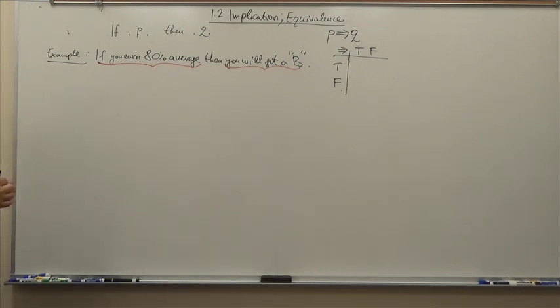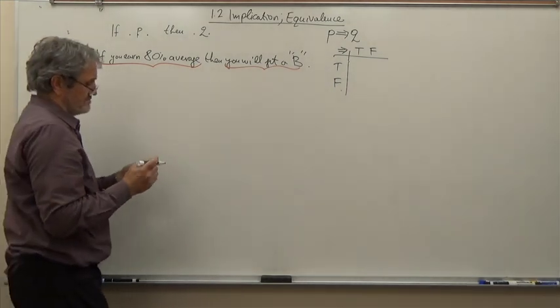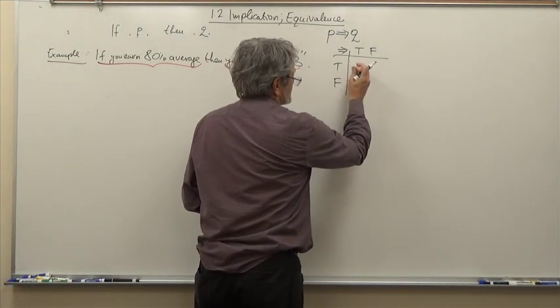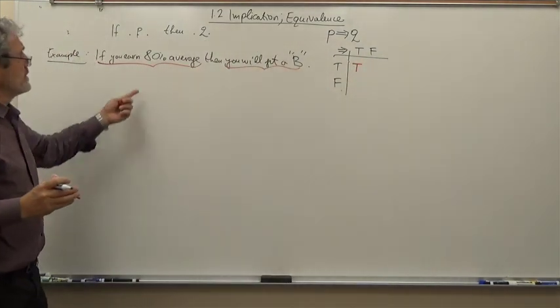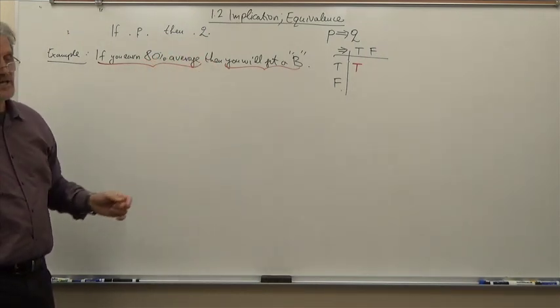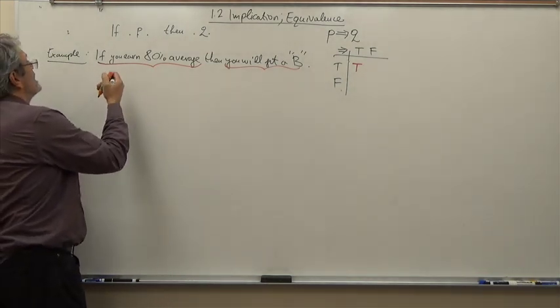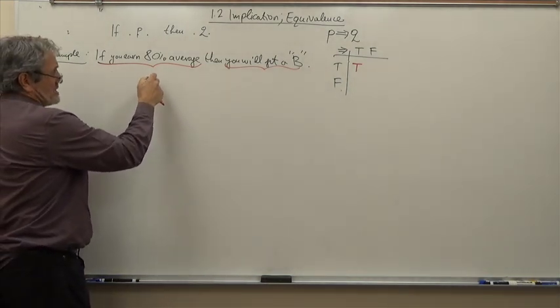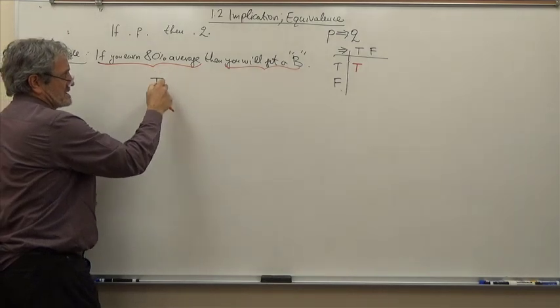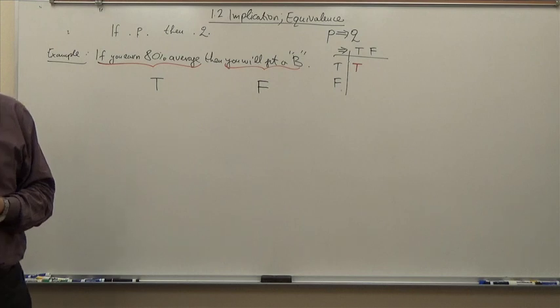So then what? We have the case when they are both true, no one has any dilemma that this should be true. You earn 80% average, I'll give you a B, everybody's happy. Now what if you earn 80% average and you don't get a B?